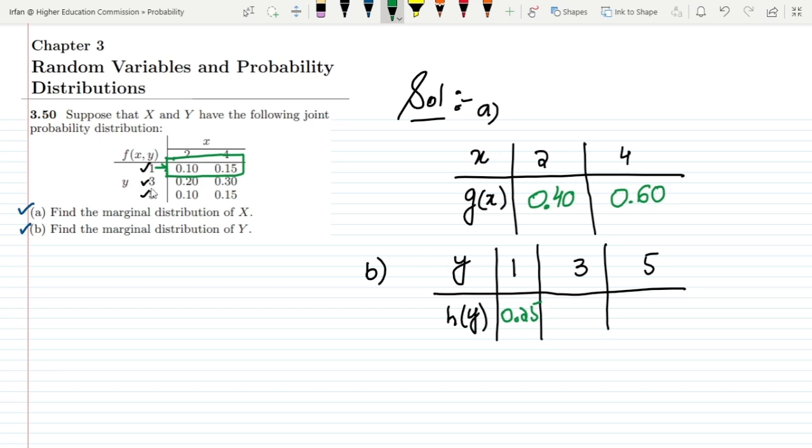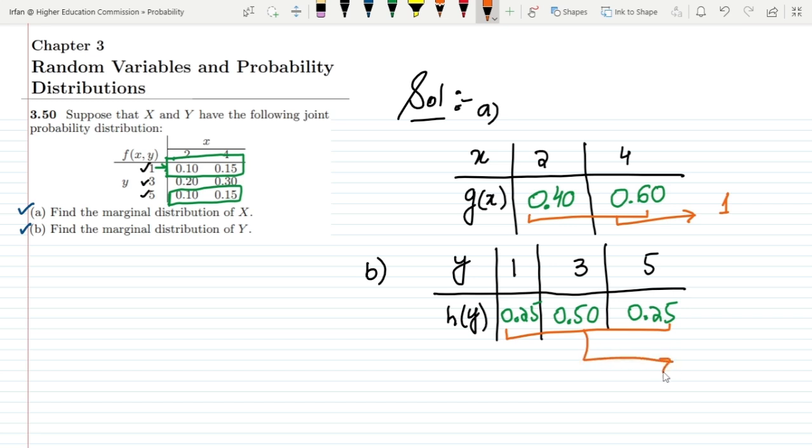Similarly for 3, 0.20 plus 0.30, so it would be 0.50, and for 5, adding them together I will get 0.25 as well. Again, you can very easily see that by adding them, you will get 1, and similarly by adding them all, you will again get 1, which is the proof that this is a probability distribution.